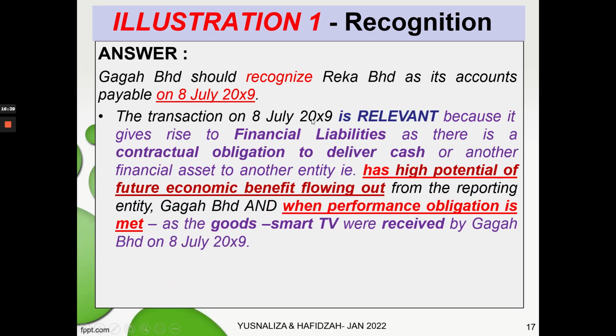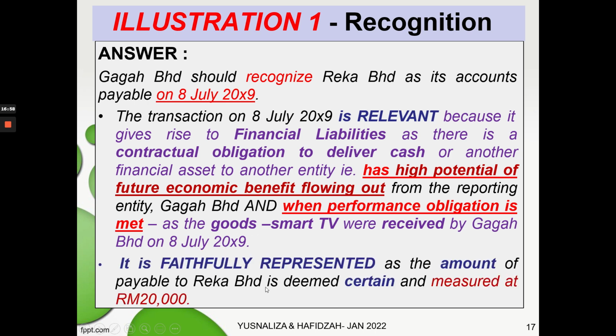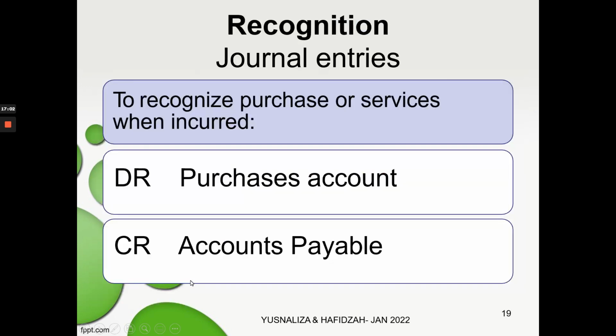And therefore, the transaction on 8th of July is relevant because that gives rise to a financial liability, as I have mentioned. So this is the wording that I used from my explanation just now. It has high potential of future economic benefits flowing out when the performance obligation was satisfied on 8th of July. And that was faithfully represented, where you have the amount measured at 20,000.